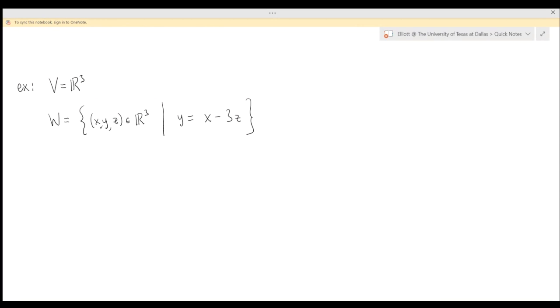All right. So look at the set of all vectors whose y-coordinate is equal to the x-coordinate minus 3 times the z-coordinate. And then we want to ask, is this subset of R3 a subspace of R3? Okay.